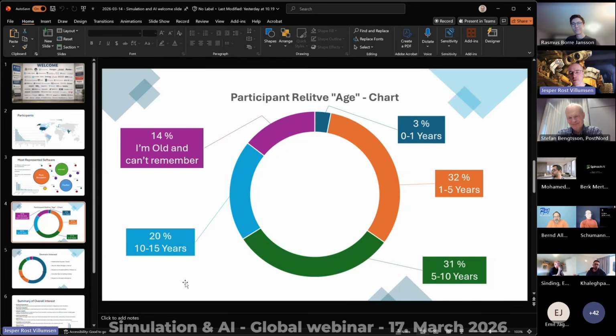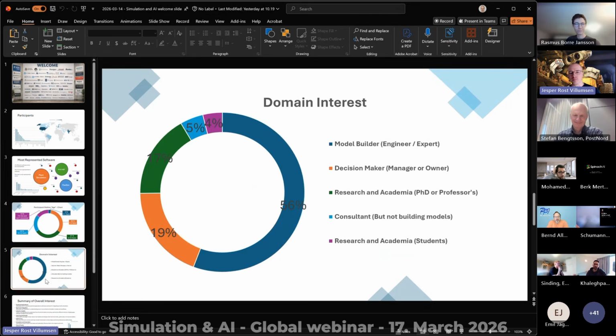To have more than 15 years of experience is quite nice and quite much, and also puts an age tag on you guys. But nice to see you. Then we have some domain interest, and more than 50% of us are model builders and have practical hands-on experience. So there is a very good chance that you will get into some geeky discussions later on.